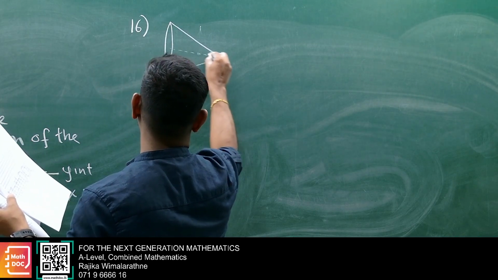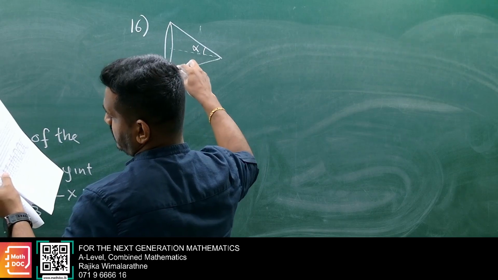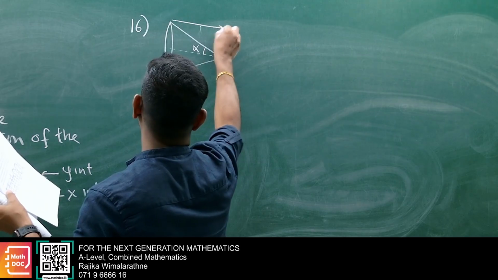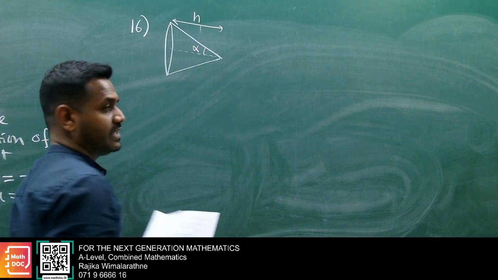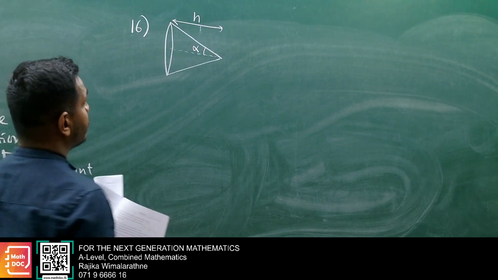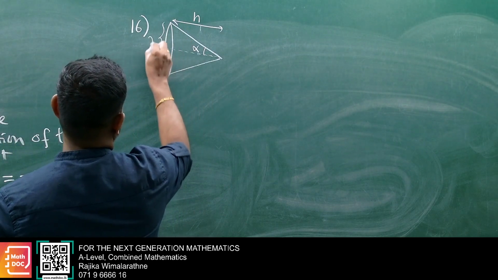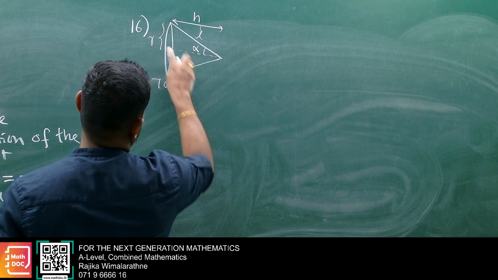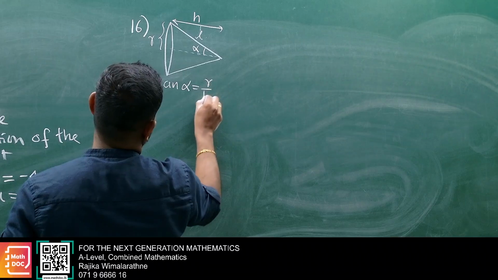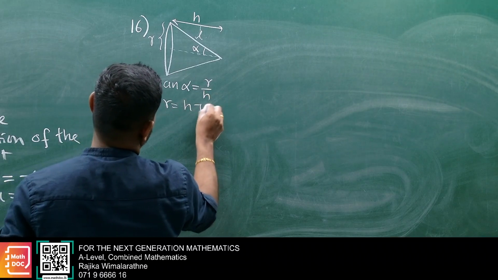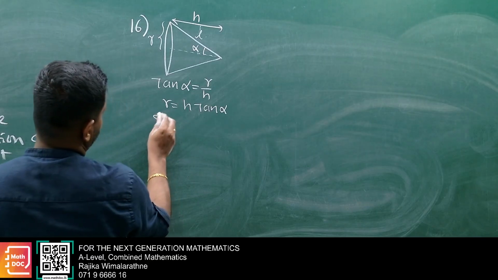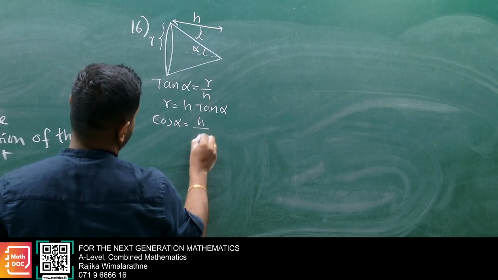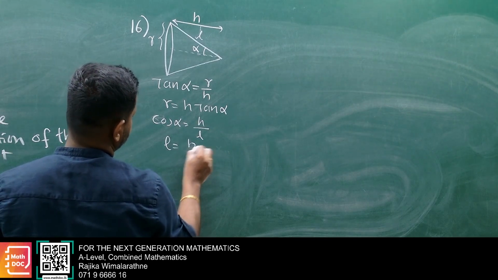Here semi-vertical angle alpha, height simply h, then find radius r and slant height simply L. Tan alpha is r over h, then r equals h tan alpha. Cos alpha is h over L, then L equals h sec alpha.